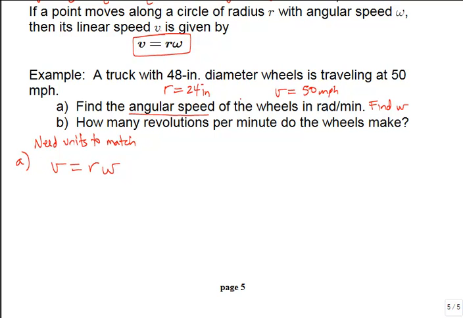It totally doesn't matter which way you do it. The other issue that we have with units is our final answer needs to be in radians per minute. And right now, out of these two variables for r and v, the only unit of time that I see a reference to is hours. So I'm going to need to change hours into minutes.